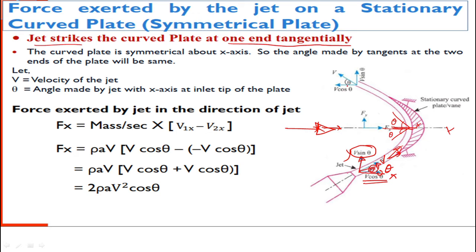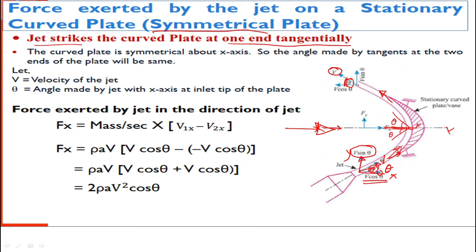So the outlet velocity is also the same, because there is no energy or velocity loss due to friction and other factors. Since it leaves the plate tangentially, the angle you can see here is also theta, because the upper angle and lower angle are the same, as this plate is symmetrical.